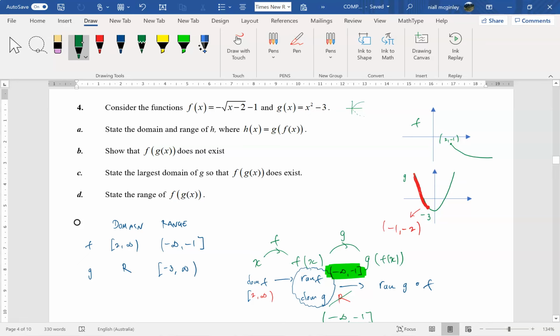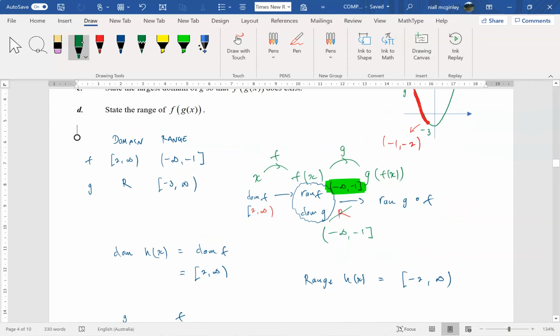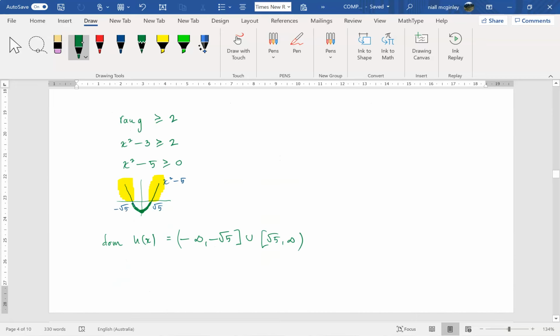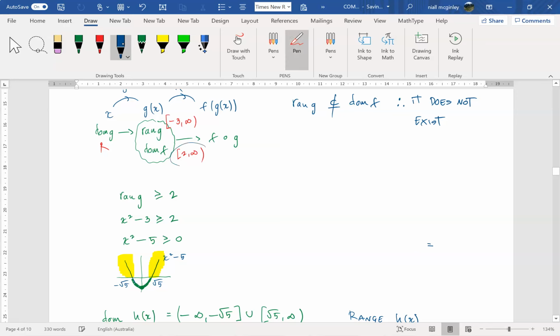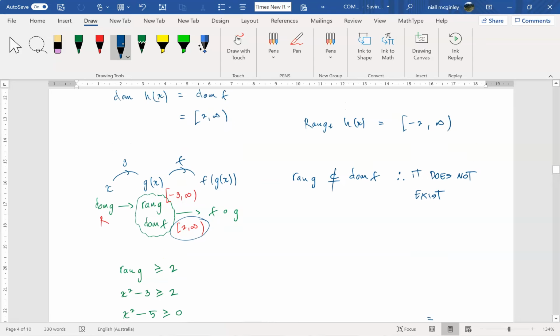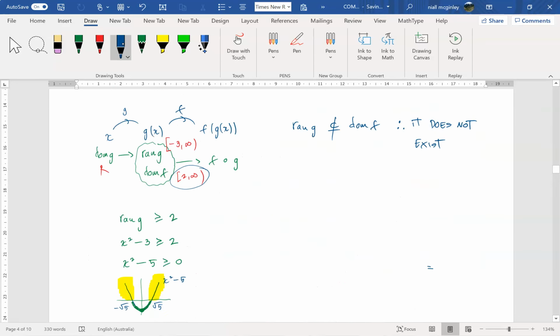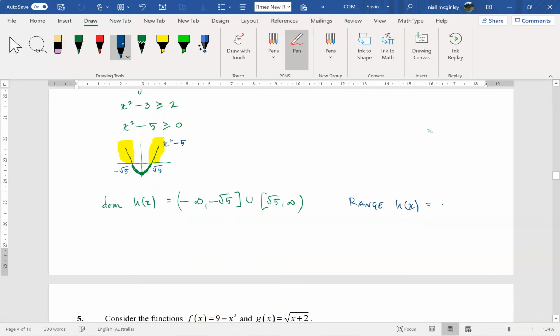So it'll actually just be the same as the range of f, and the range of f we know is negative infinity to negative 1. So the range of h of x, in this case, is just going to give you the range of f, which is negative infinity to negative 1, including.